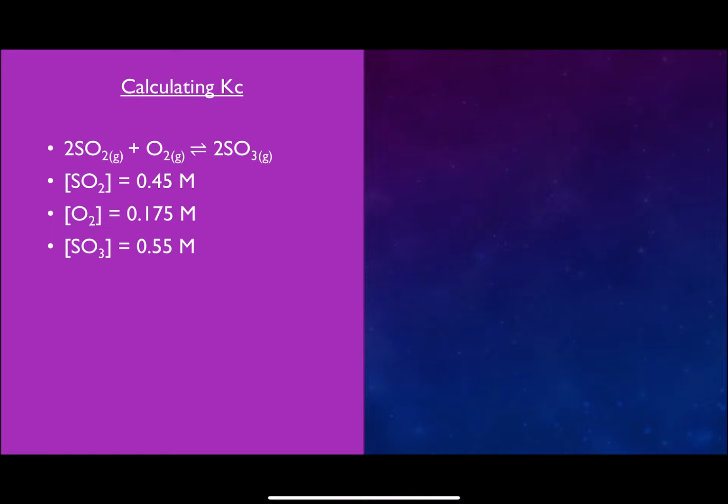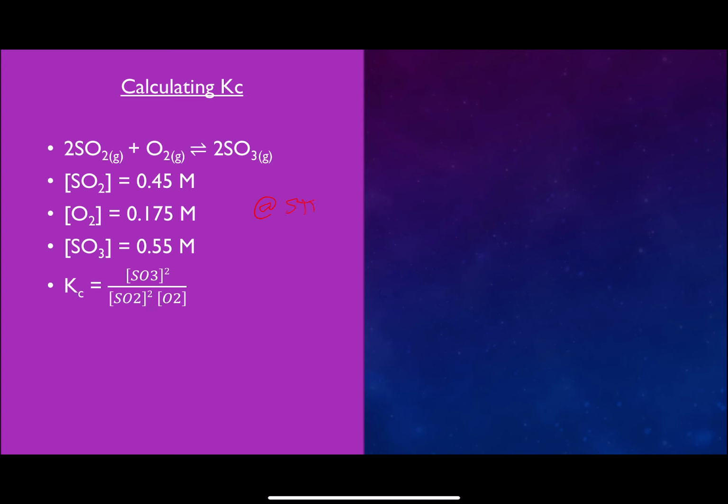And knowing what we do about Kc and Q, that rhymed, let's evaluate the reaction between sulfur dioxide and oxygen, resulting in the production of sulfur trioxide. For this equation, we are to assume that temperature and pressure are constant. Now, beginning with these concentrations, let's calculate Kc to determine whether the products or reactants are mostly present at equilibrium.